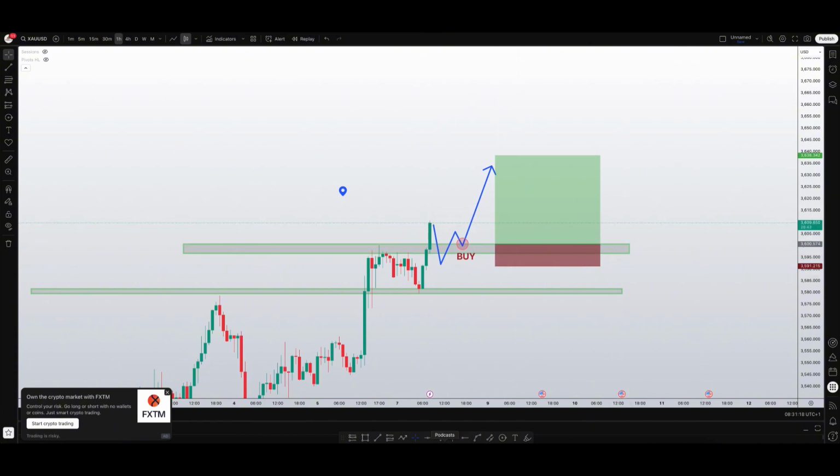Whatever made this gold start dropping from this zone, just know that there are sellers here that dropped it.